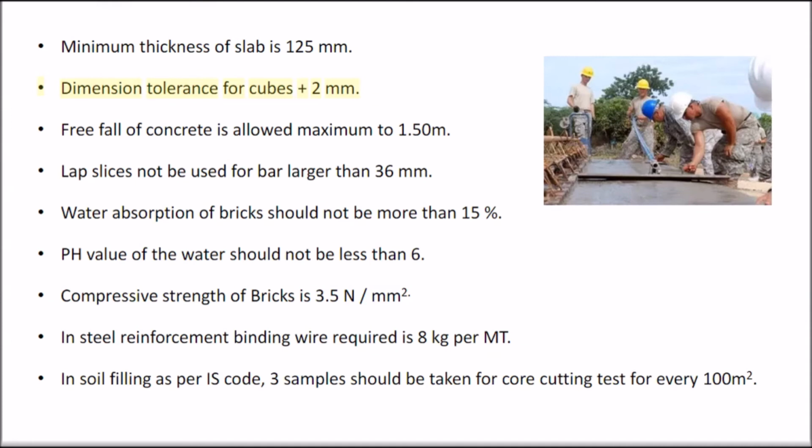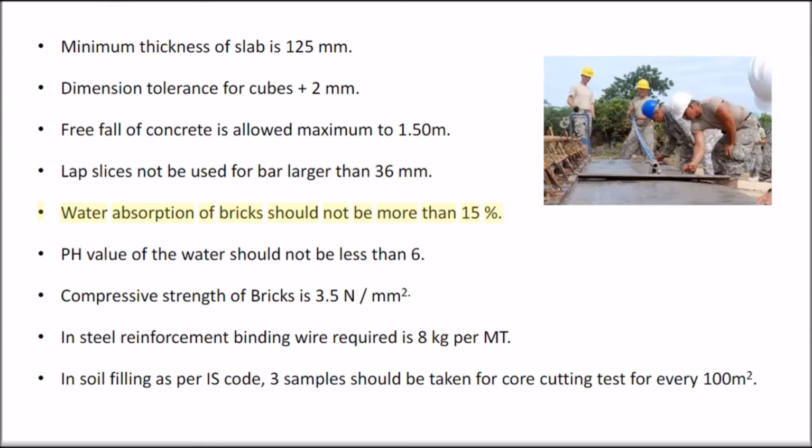Dimension tolerance for cubes is plus or minus 2 mm. Free fall of concrete is allowed maximum up to 1.50 m. Lap splices not to be used for bars larger than 36 mm.